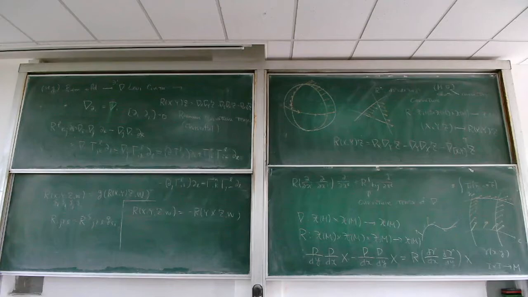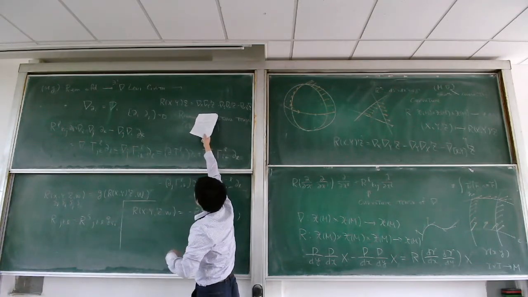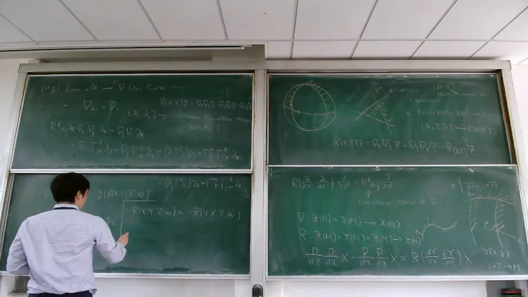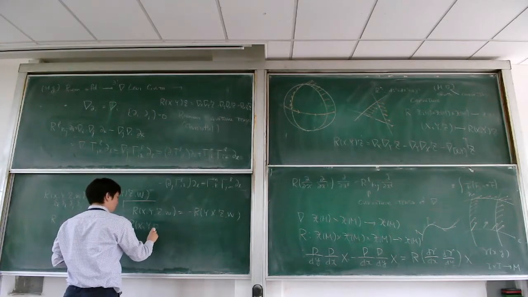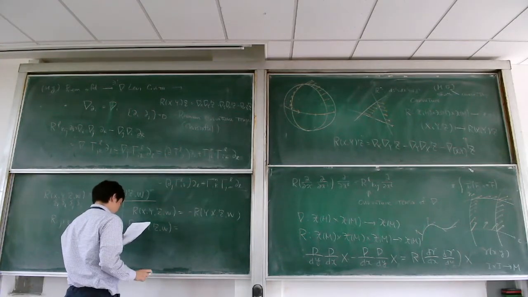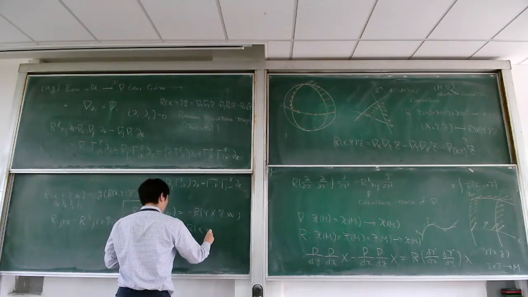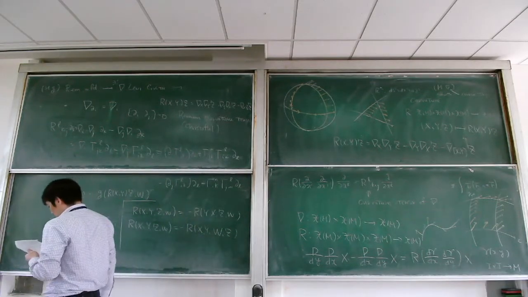Yeah, so this is the definition; once you swap x and y, you just get the minus sign, okay? R(X, Y, Z, W) is equal to minus R(X, Y, W, Z).